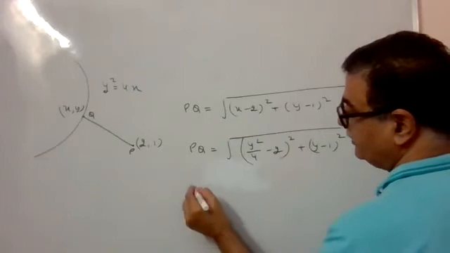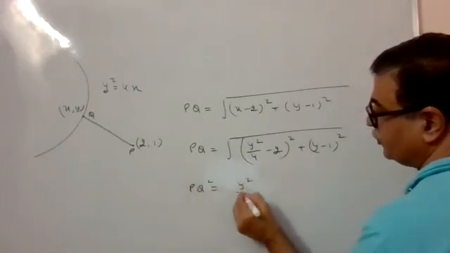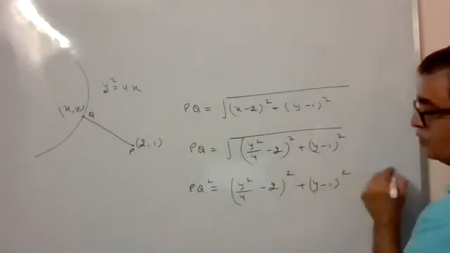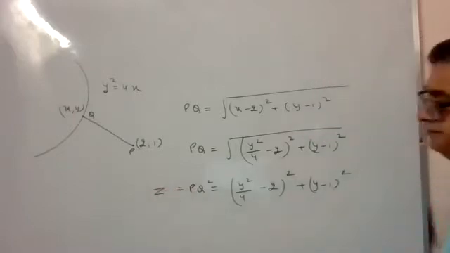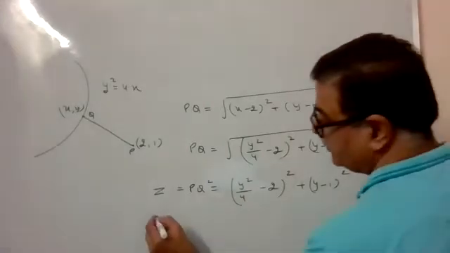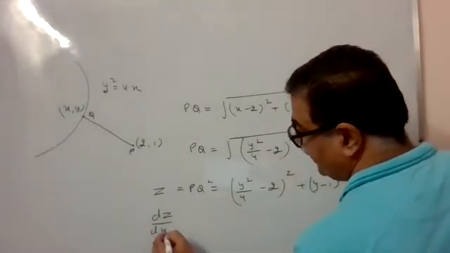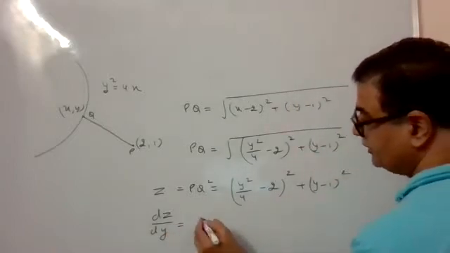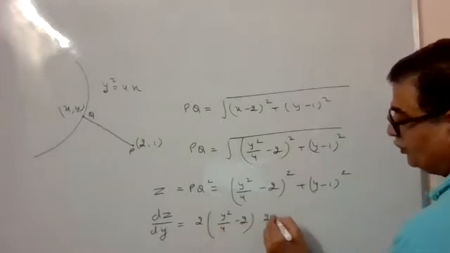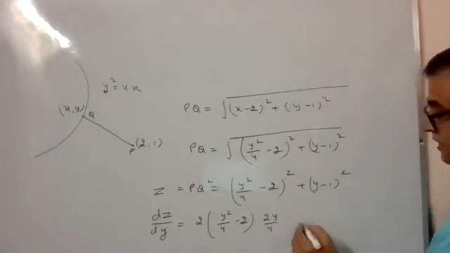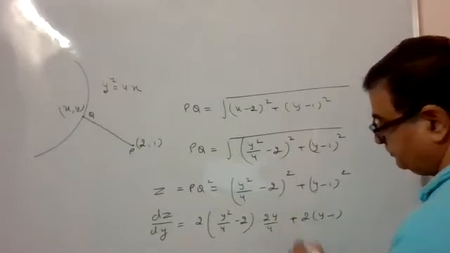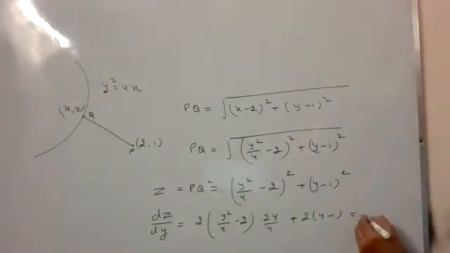It is better to square it: PQ square is taken as Z. Then we differentiate. dz by dy is 2 times (y square by 4 minus 2) into 2y by 4, plus 2 times (y minus 1), and this has to be equated to 0.